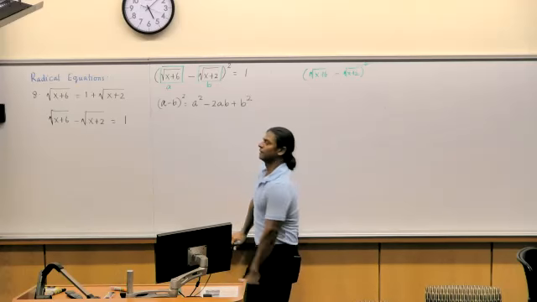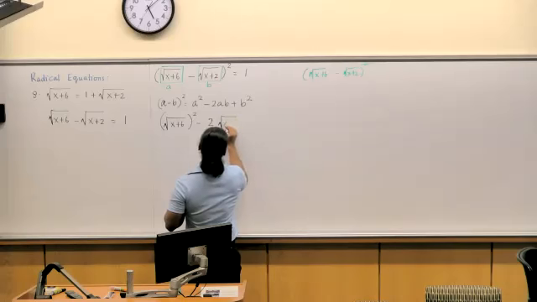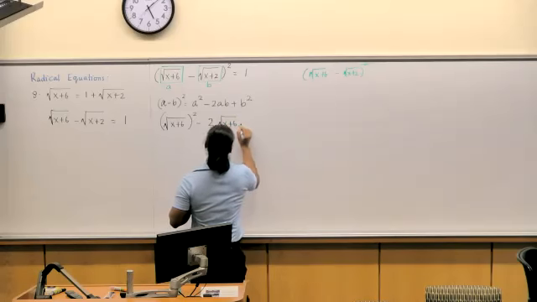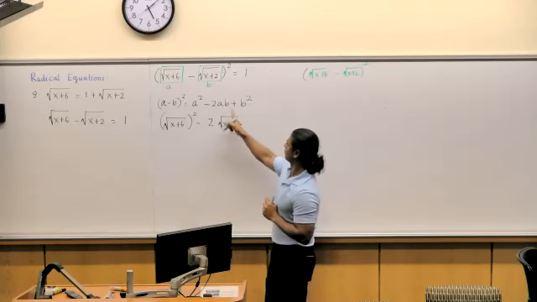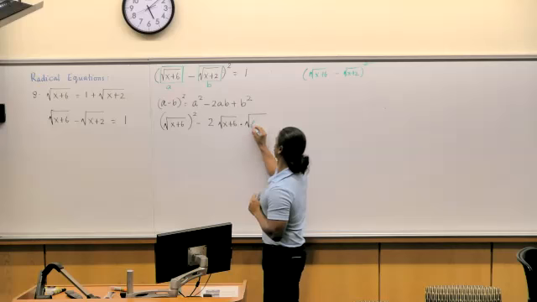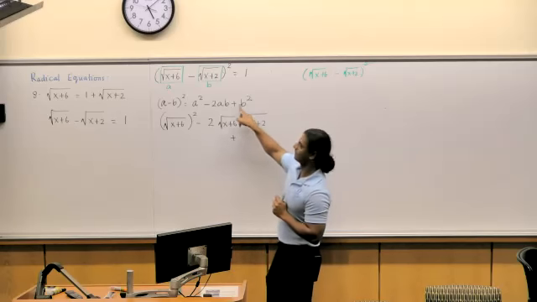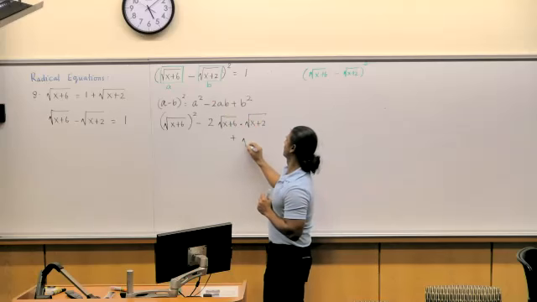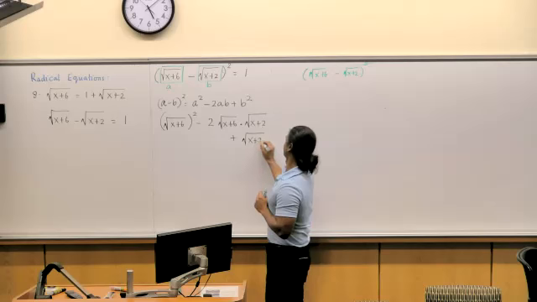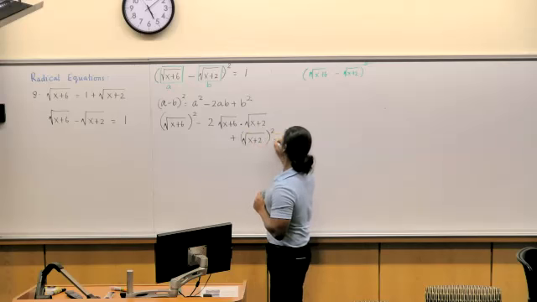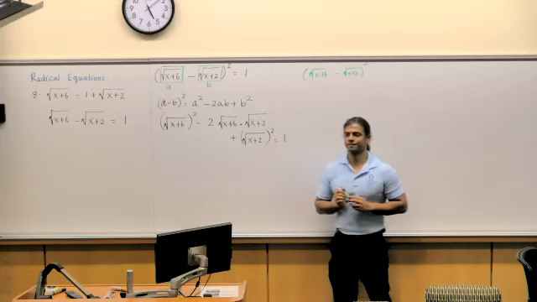So root x plus 6 squared, minus 2 root x plus 6 times root x plus 2, plus B, root x plus 2, squared equals 1. Good.